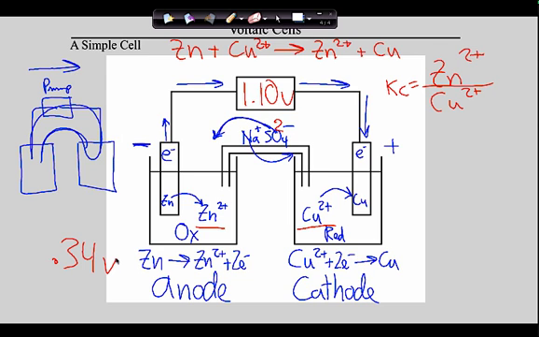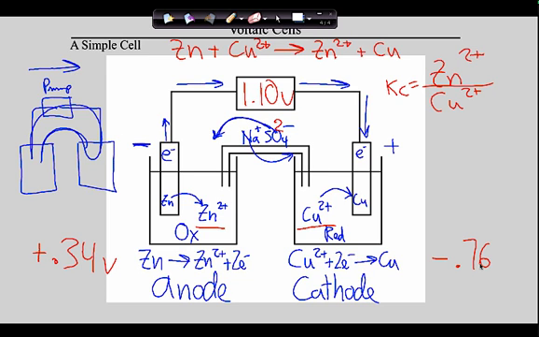I think it will be helpful if we very purposefully make that positive. Now let's go to zinc. The reduction potential for zinc is negative 0.76 volts. Now let's talk about how we deal with these numbers.